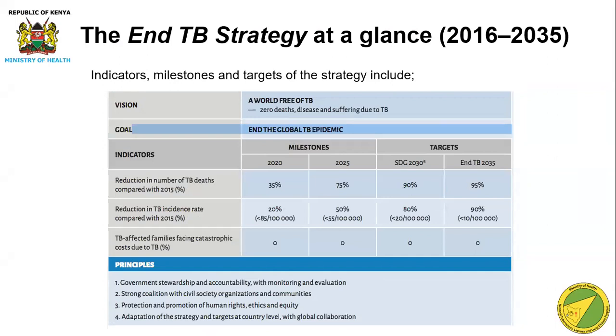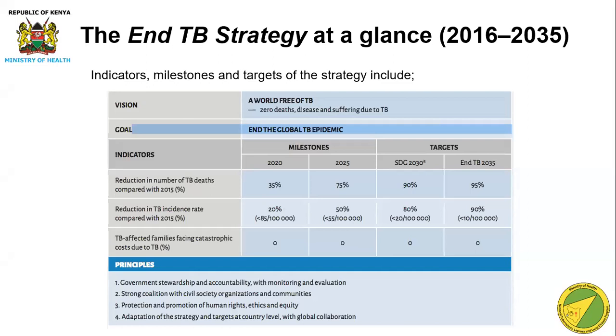There should be 0 deaths due to disease, due to TB. There should be no suffering due to TB, so in terms of reducing even morbidity, not just the mortality. So the goal is to end the global TB epidemic.